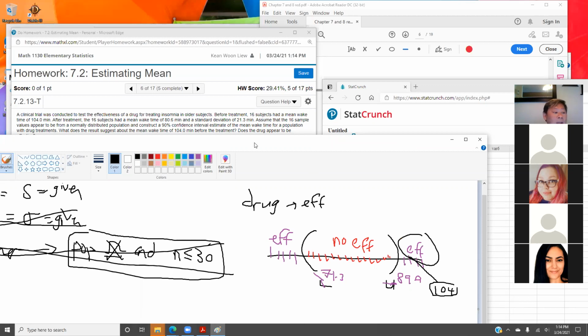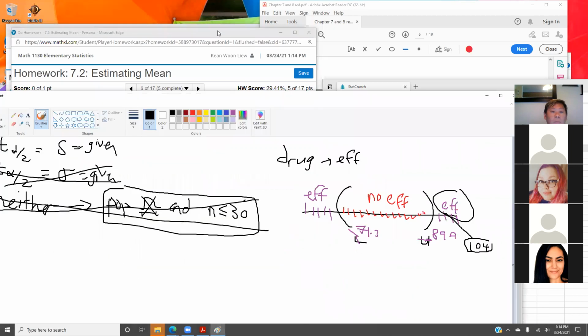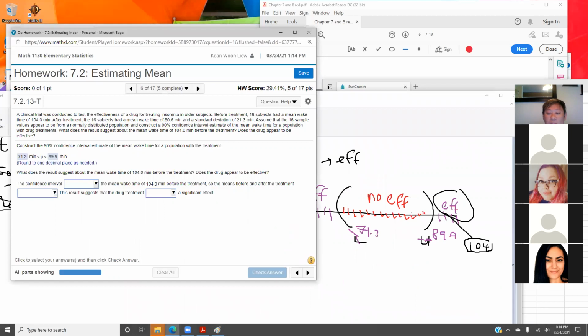So in this case, does the confidence interval include the 104? In other words, is 104 inside or outside? It does not include it. It is outside.